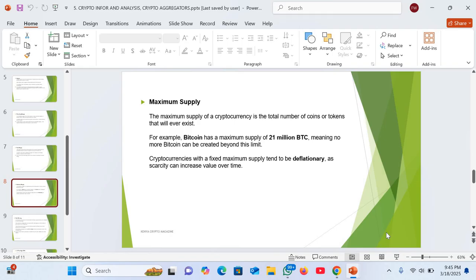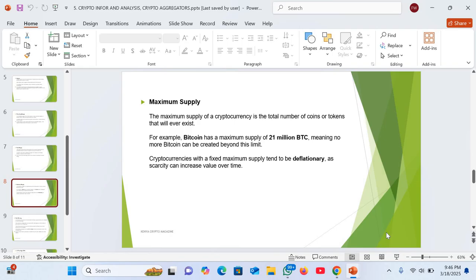You remember during COVID, the US printed a lot of dollars to try and cope with COVID, and also to cope with inflation. And that affects the value of currencies, and it also affects economies as well.